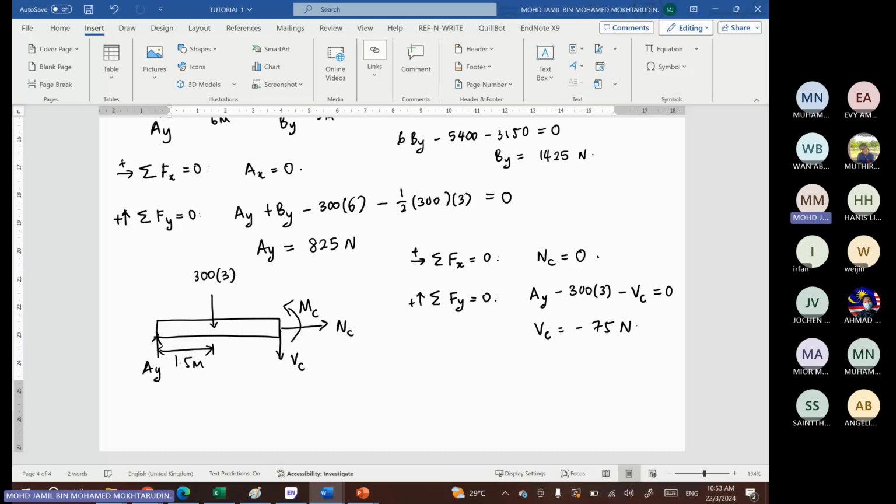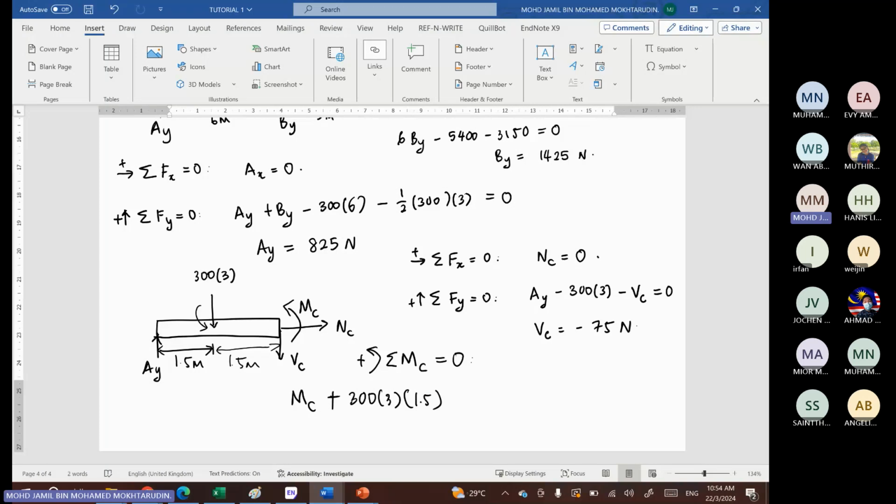Okay, and then we can find moment at point C. So moment at point C, we have the moment itself, MC, counterclockwise. And then we have the 300 times 3, the force here, times the length, 1.5. So this force will be acting counterclockwise, positive.